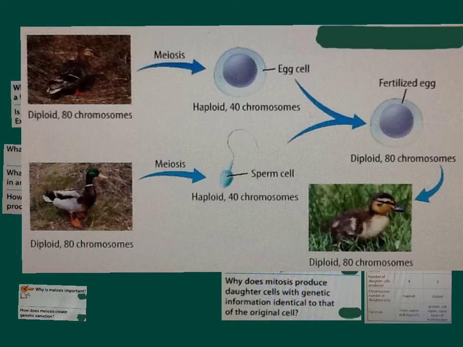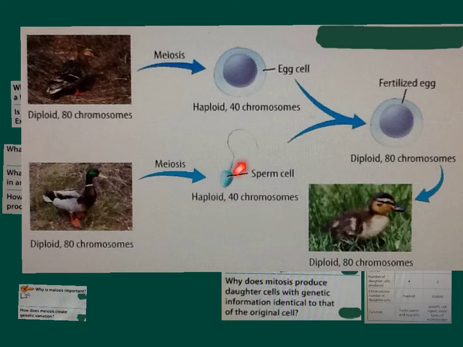Okay, so using this photo, we see the female duck that has 80 chromosomes in the diploid cell, and the male duck who has 80 chromosomes in the diploid cell. They go through meiosis and they produce an egg. The egg is a haploid cell that has 40 chromosomes. The sperm is a haploid cell that has 40 chromosomes.